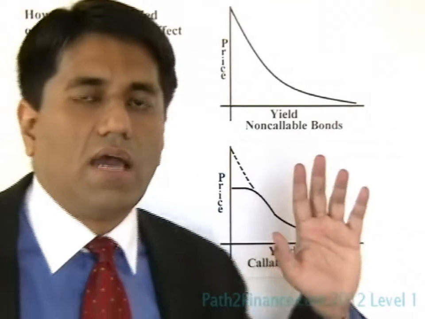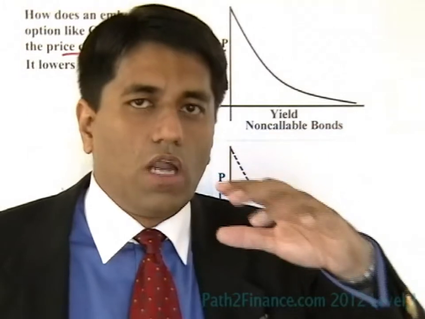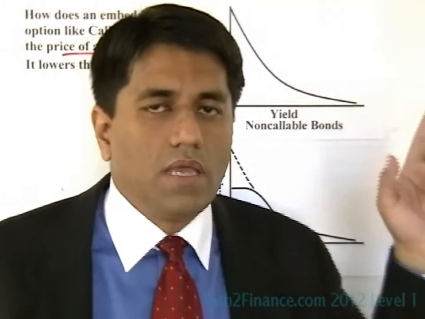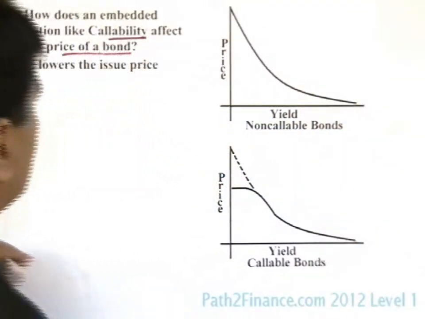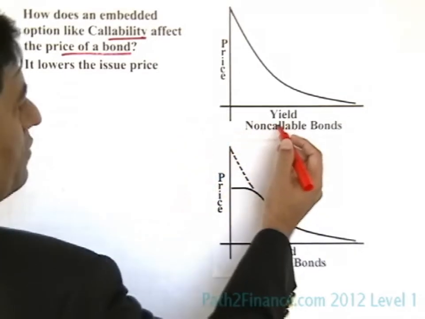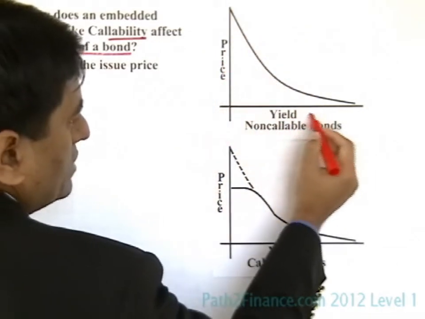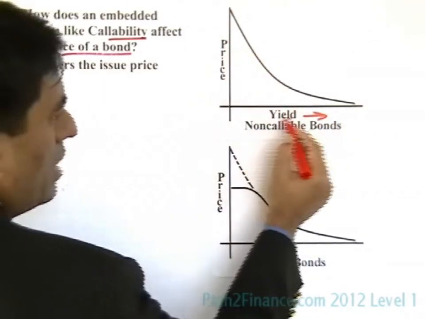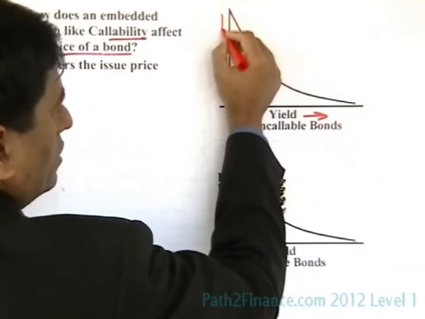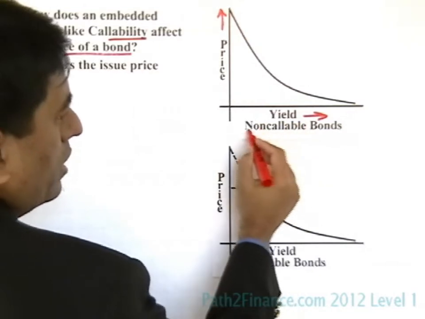Here is a look at how volatility affects bond price using a graph. So we first have the plot of price versus yield. Yield is plotted on the x-axis and price on the y-axis for a non-callable bond.